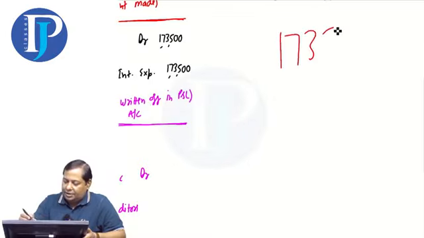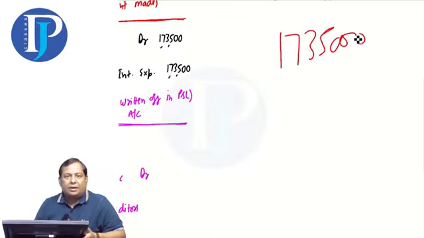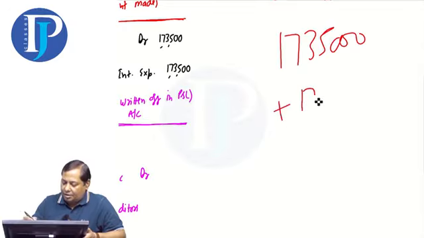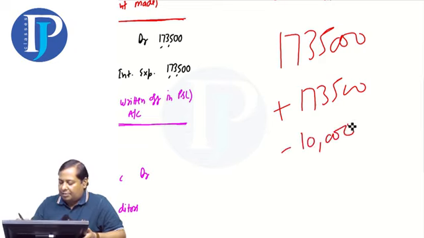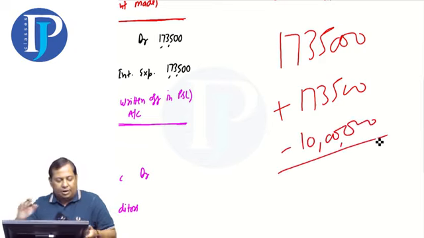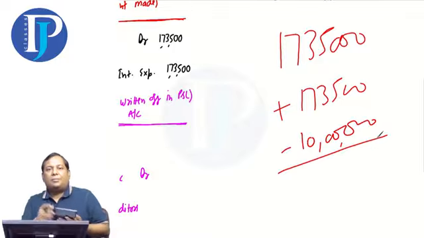So you had passed your first entry with 17 lakhs 35,000 rupees. You had due interest of 1 lakh 73,500 rupees. And you made a payment of 10 lakh rupees. So you will have to do a rough calculation. What is the balance in your creditors account?